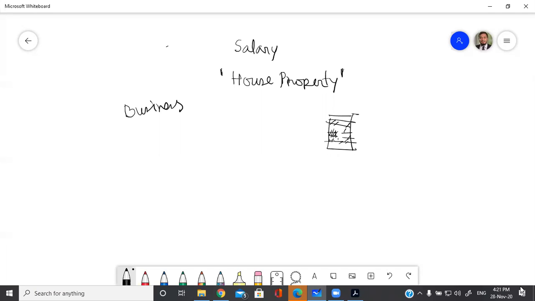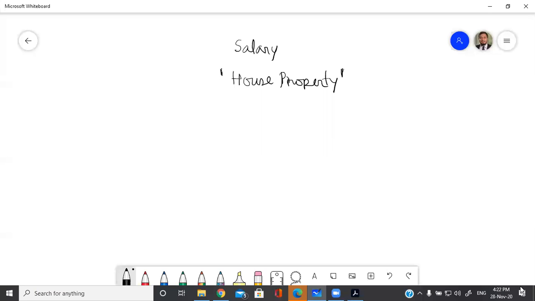So I would say no. Even though, sir, when I lose my job there is no salary. Okay, in that case, there is no question of having your salary income. But what I am trying to tell you is that there are some heads of income in which it is likely that you will have negative income or you will have loss.